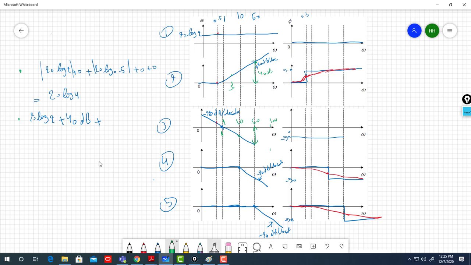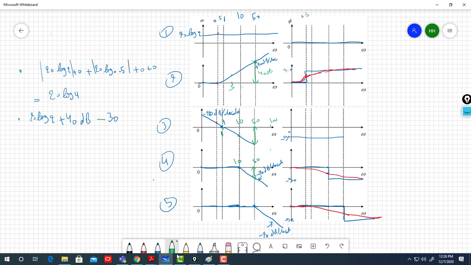Then here is minus 30, here at 50. So you could now tell me yourself how much this will be. This is 10, and this is 50. So at 100, you will get minus 20, because it was 0 at 10.